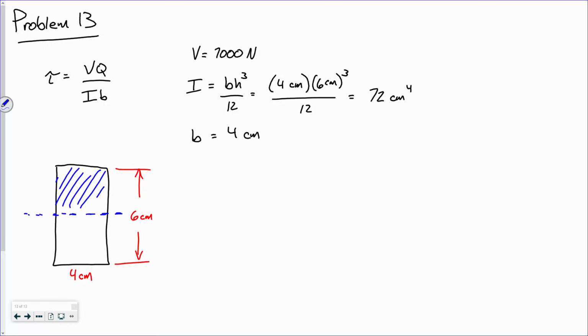Would you agree that the centroid is somewhere about right there? Q is that area times that distance from there to there.